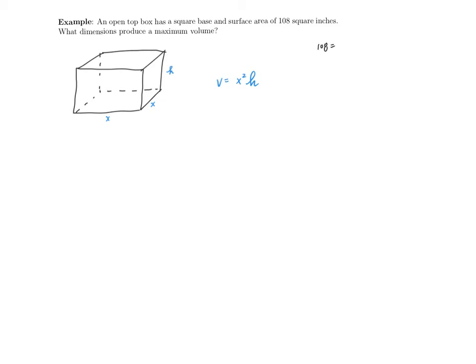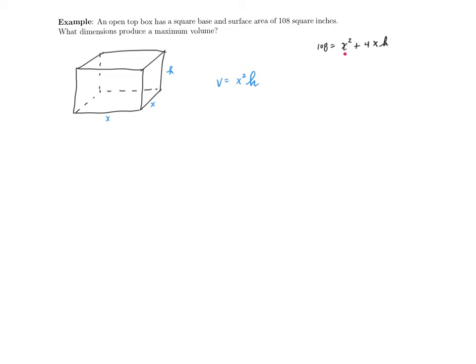And if we want to envision or come up with a formula for the surface area, remember it's an open top box, and you could simply imagine almost unfolding this. So what we are left with would be 5 rectangles whose areas we need to add up. You have that rectangle, or in this case the square, making the base, and then you have 4 more rectangles making up each side individually.